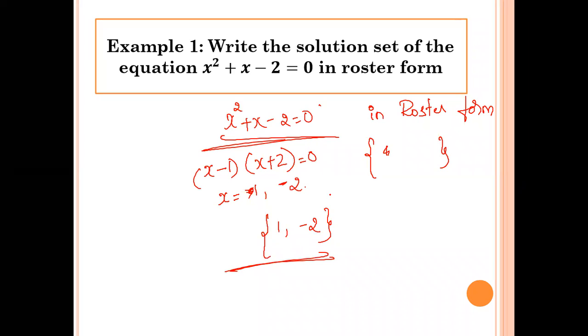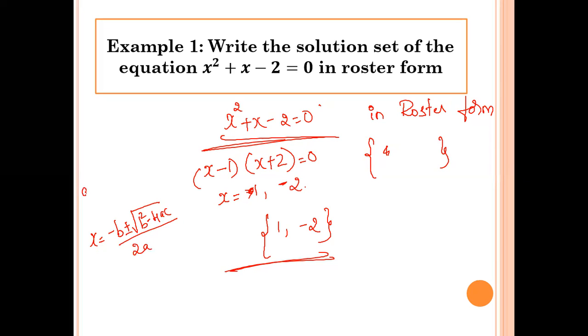Did you get the solution, students? Factorize, or else you can use the quadratic formula. X is equal to minus b plus or minus the square root of b square minus 4ac, divided by 2a.